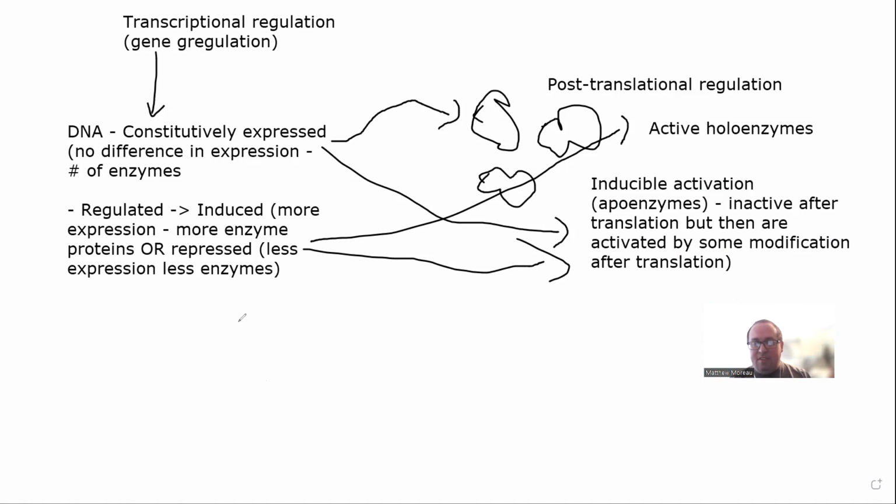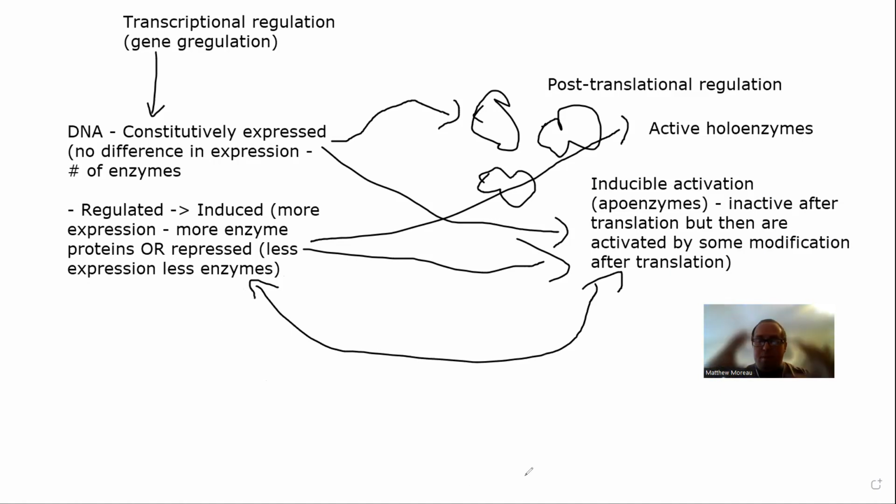Or the last case is the double inducible, where you have to induce expression at a genetic level, and then the protein that comes off it is an apoenzyme, and then the modification occurs, which activates that enzyme, and then it proceeds to do its function.